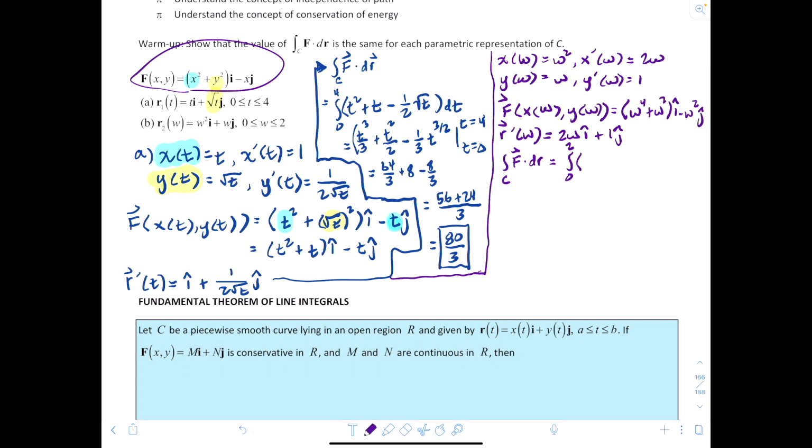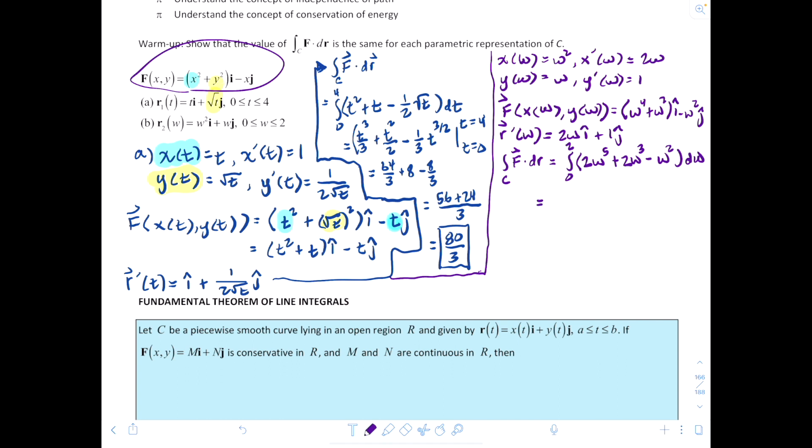I'm going to distribute that out. So we will have 2w to the 5th plus 2w cubed minus, and then w squared times 1 is w squared, integrated with respect to w.